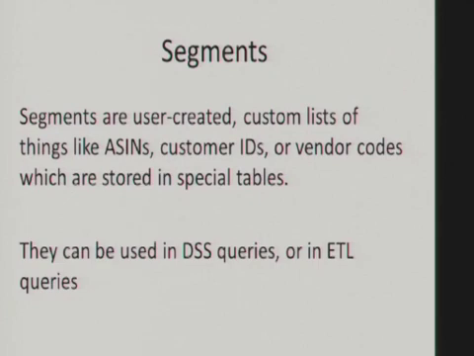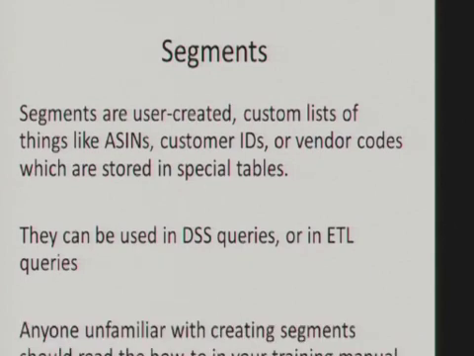Say you create a segment with 100 ASINs. It creates 100 rows in an existing table, one for each ASIN, and puts your segment ID in another column so that you can join to that table or search it for your segment ID and find just your ASINs. If I've lost you a little at this point, definitely check out the training manual if you haven't already, and just create a segment, even if you don't need to, as practice. All right.